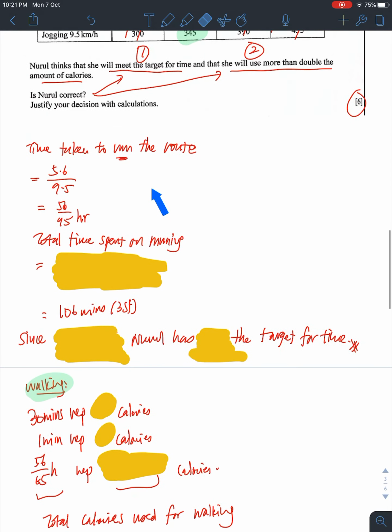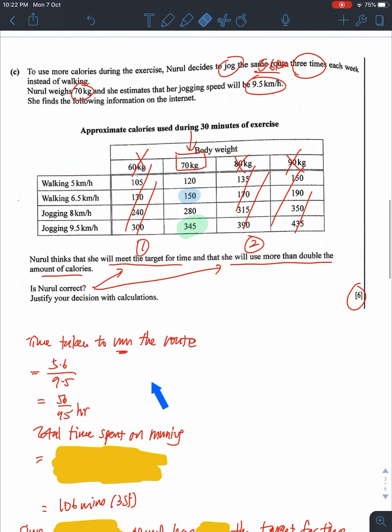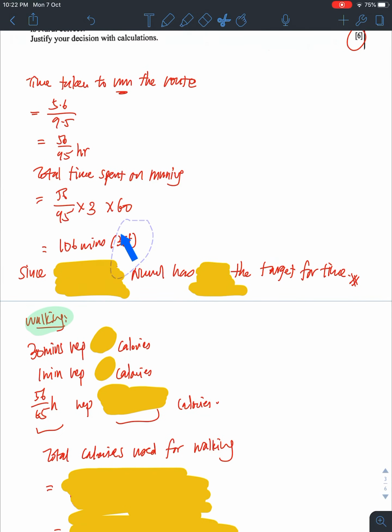So for the total time spent on running, recall she runs this route 3 times a week. So we multiply this quantity by 3, and multiply by 60 as well to convert it to minutes, giving us 106 minutes.